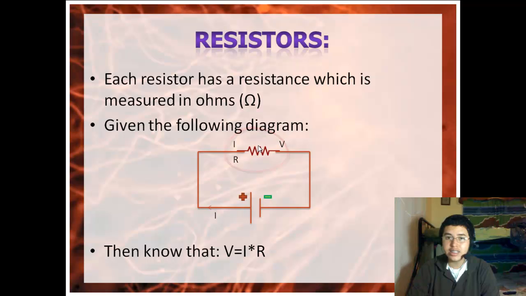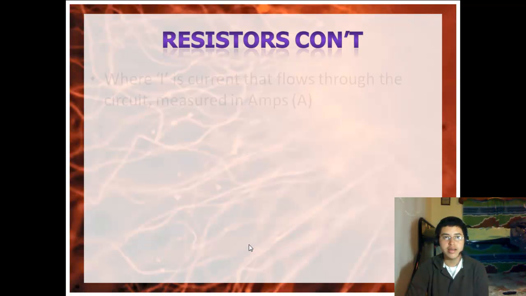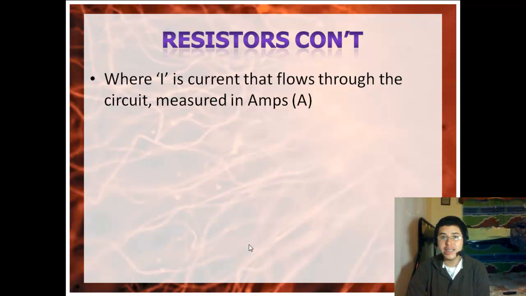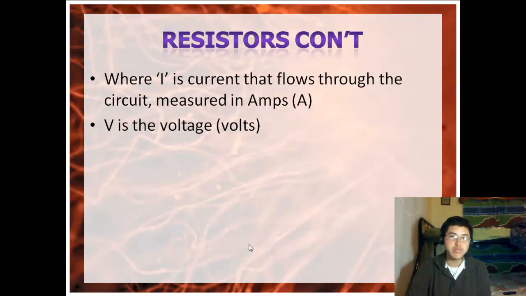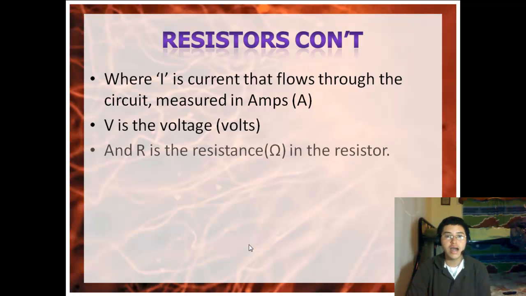We can say that the voltage in this system equals the current I times R, or V equals I times R. As said before, I is the current that flows through the circuit and it is measured in amps. V is the voltage and it is measured in volts. And R is the resistance, in ohms, of the resistor.